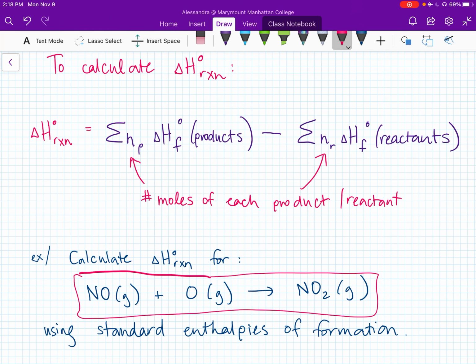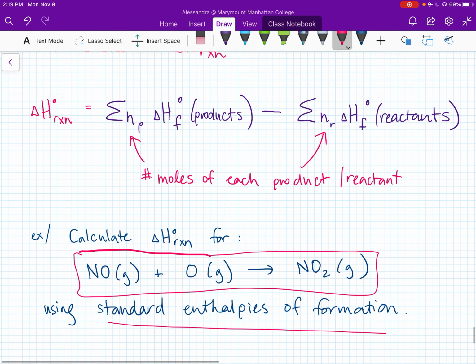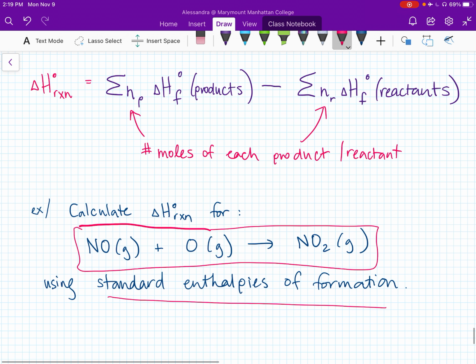Here we're calculating delta H naught of this reaction, so it's at 25 degrees Celsius and 1 atmosphere. This is nitrogen monoxide plus singlet oxygen giving nitrogen dioxide, and we want to do it using standard enthalpies of formation. So now what you need to do is look up the standard enthalpies of formation of each of the species involved in this reaction.